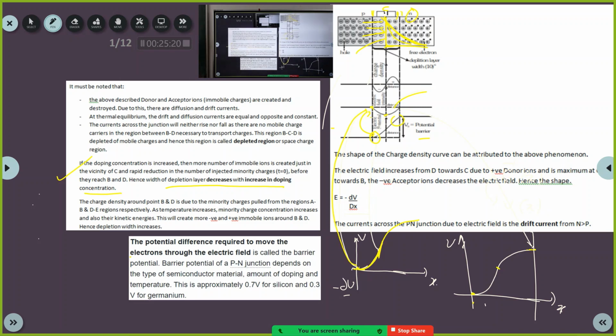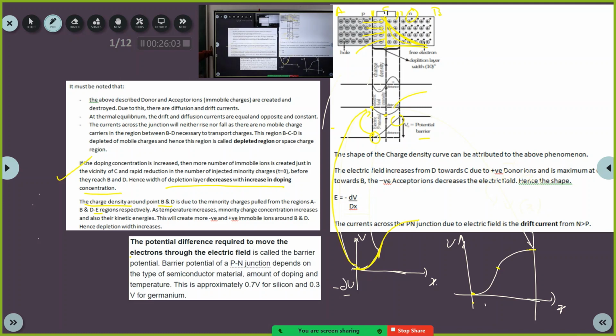Now, the charge density around B and D, due to the minority charges pulled from AB and DE regions respectively. This point is A and this point is B. As temperature increases, the minority charge concentration increases and also their kinetic energies.